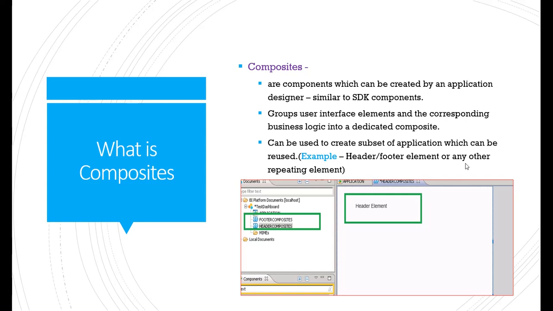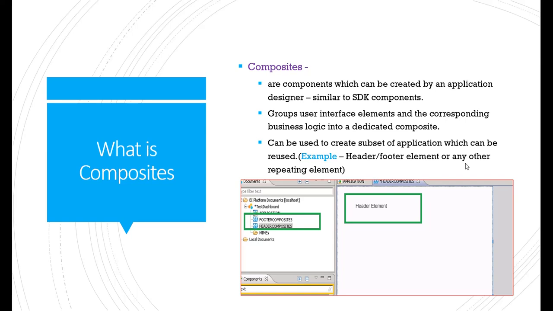In most applications the header and footer remain common. Suppose for one client you are building analysis applications, with multiple dashboards or multiple analysis applications, and the header and footer remain common across many of them. In that case you can create a component fixed with that particular customer's requirements, like the customer name or logo in the header, and other information about the customer in the footer.